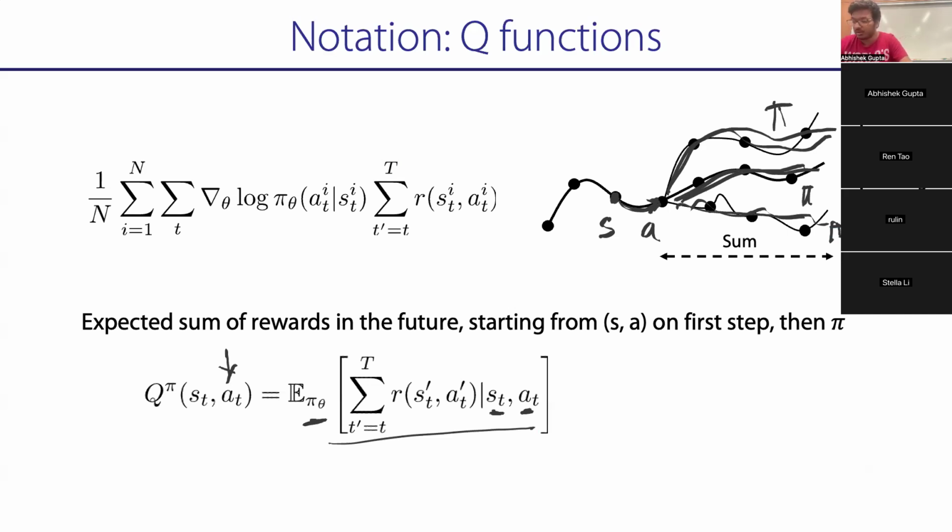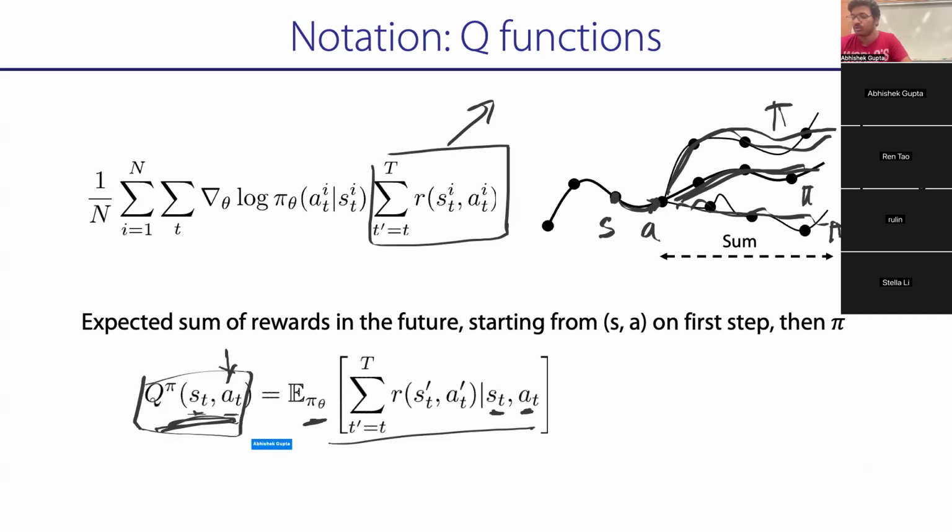If you think about what we were saying, Q is directly measuring how good S and A are in the future. It's saying that under my current policy, if I started at S and took action A, how good was it in the long term? This is what we call Q pi, the Q function when you start at S, take action A, and then act according to pi.